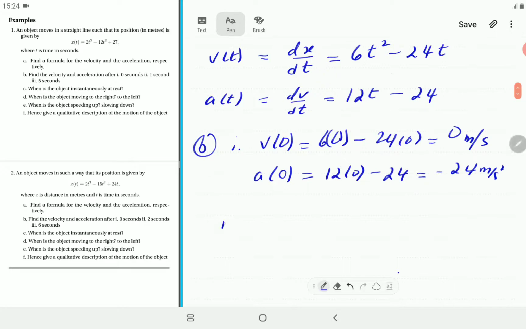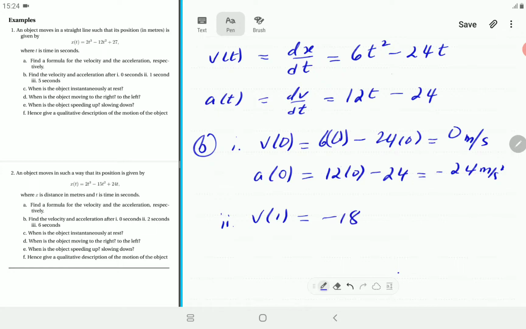Now then after 1 second, we're going to do the same calculation. So v1, we're just going to plug in t is 1 here. It's going to be 6 minus 24.